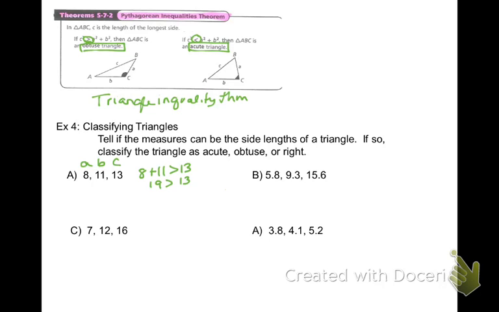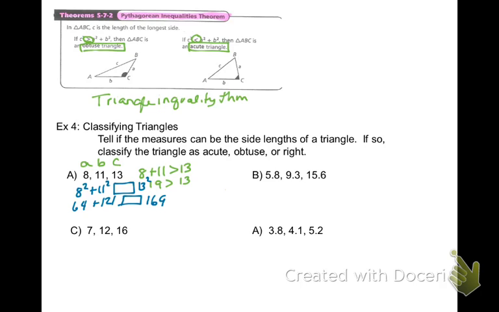So now we have to figure out what kind of triangle it is. So I'm going to go 8 squared plus 11 squared equals, oh no, we don't know, so I'm going to put a box there, 13 squared. 8 squared is 64, 11 squared is 121, and 13 squared is 169.